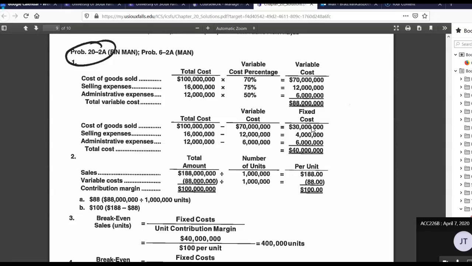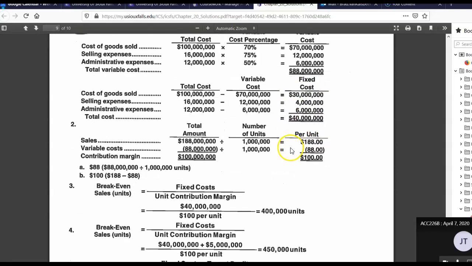Then in number two, it just says determine the unit variable cost and the unit contribution margin. Well, that's no big deal. Again, well, the book told us they were selling for $188, right? So again, you could take the sales, that comes from the text. It says sales of 188 million.